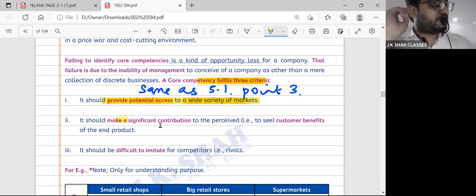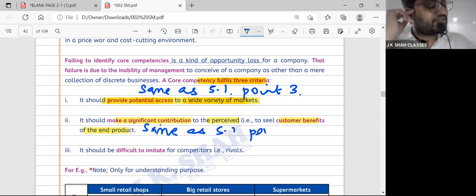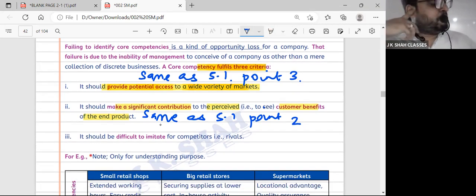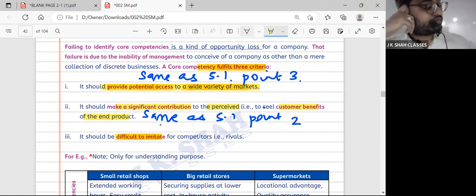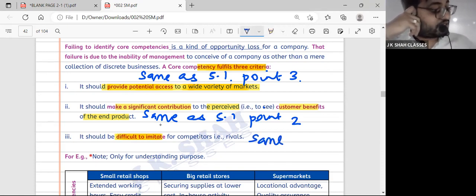What about this? Makes a significant contribution to the perceived customer benefits. Very good. Can I say this is same as 5.1, point number 2? It should be difficult to imitate. This is competitor differentiation, same as 5.1.1.